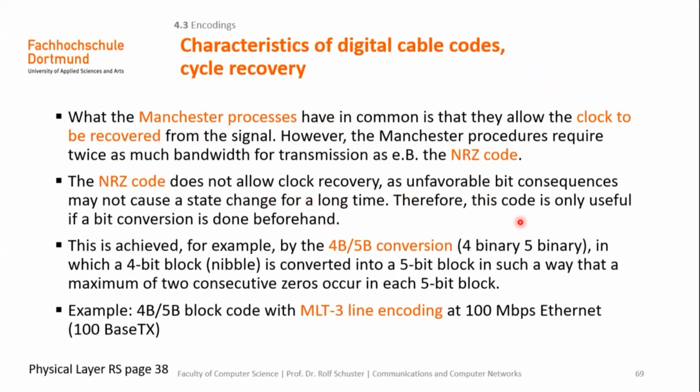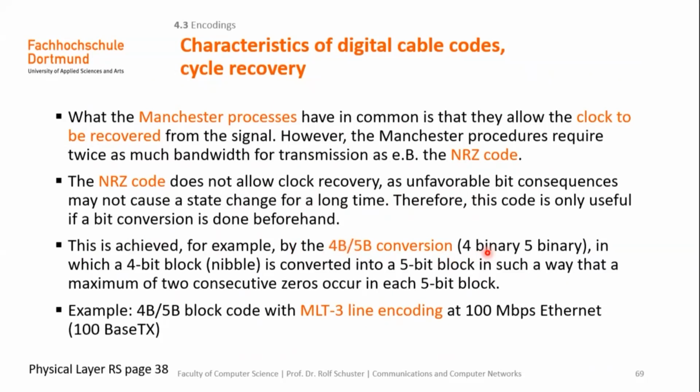A bit conversion, like, for instance, 4B/5B conversion. This is achieved, for example, by the 4B/5B conversion, where we add a fifth bit in order to code the same information.